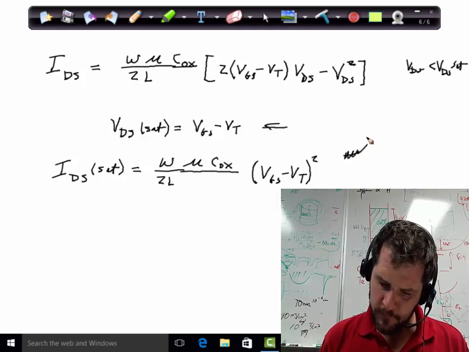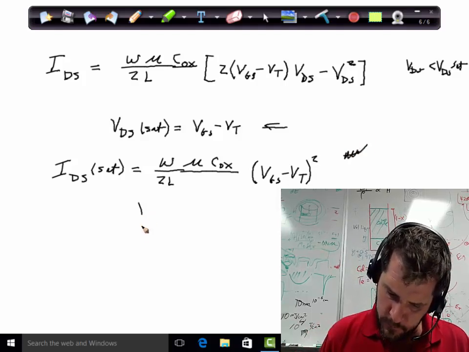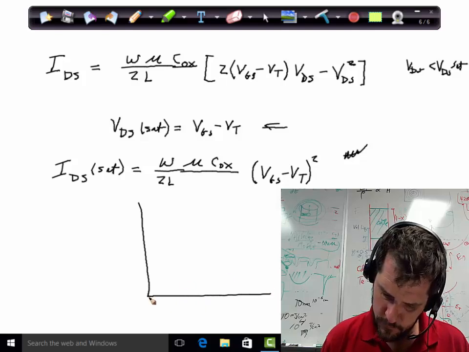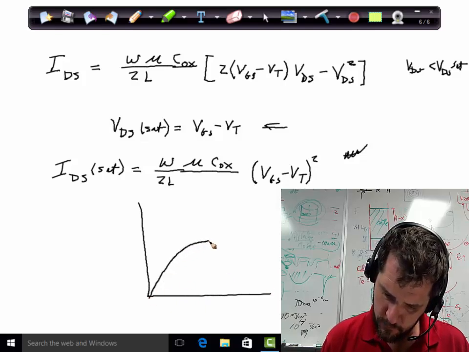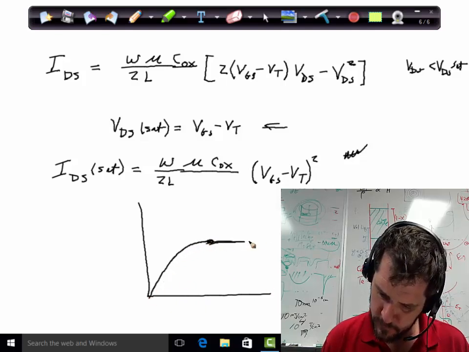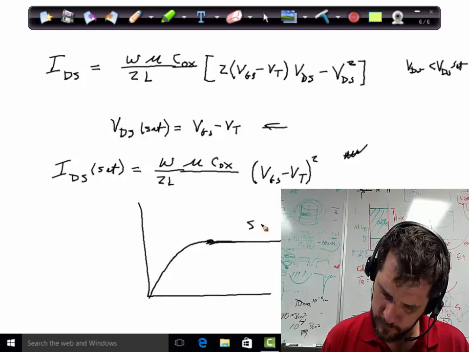And this again refers to the maximum point where it just goes to saturation.